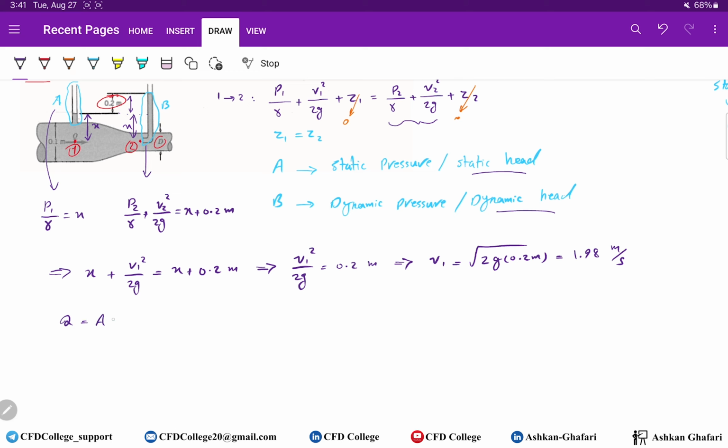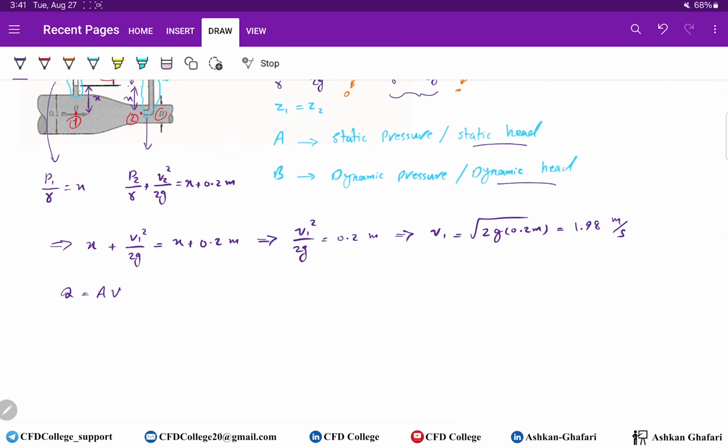So we can find the flow rate now. Area times velocity. If we use point 1, Q can be found as A1 V1 equals pi over 4 times the diameter, which is 0.1 meters, squared, times velocity 1.98 meters per second.